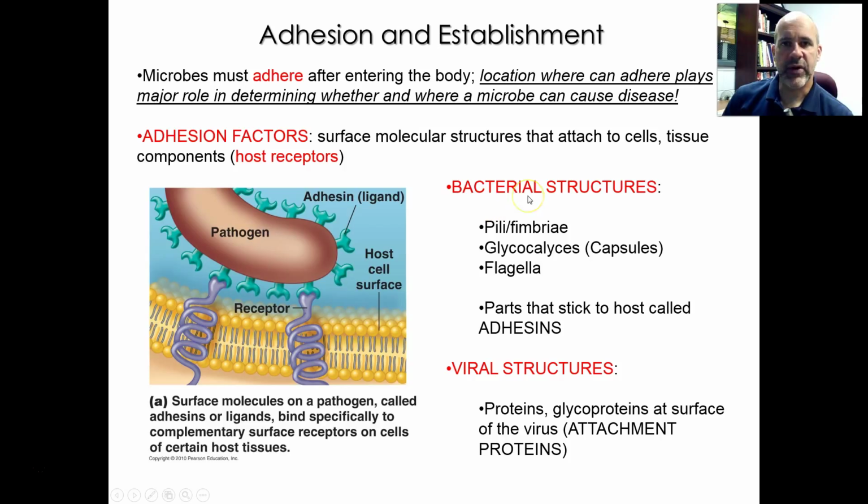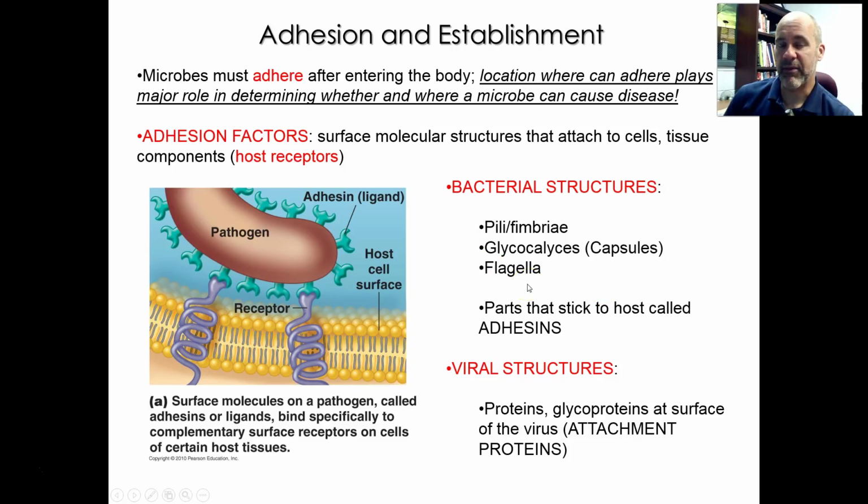So some bacterial structures we've already talked about this semester: pili, fimbriae, of bacteria. Those generally occur on gram-negative bacteria, little spikes that tend to specifically attach to particular surfaces. Capsules can help with attachment. They can help with creation of biofilms, but capsules are sticky and can help with that as well. Flagella.